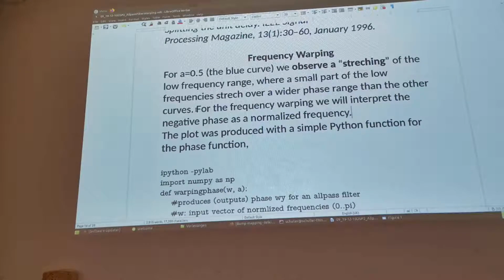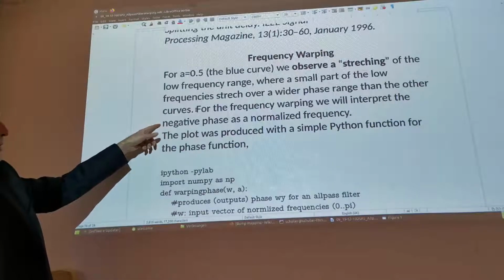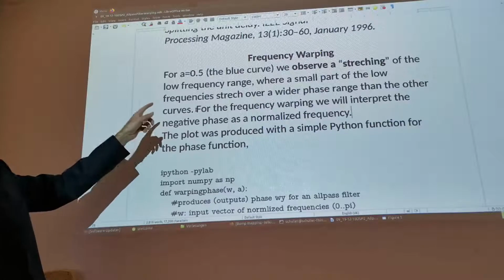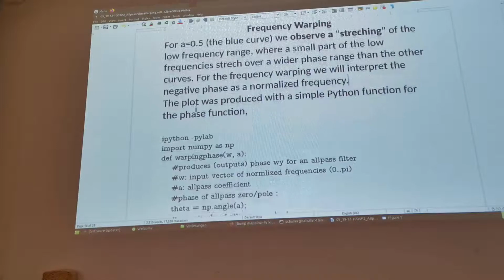Does that sentence help? So for the frequency warping, we'll interpret the negative phase as a normalized frequency. That is coming up next.